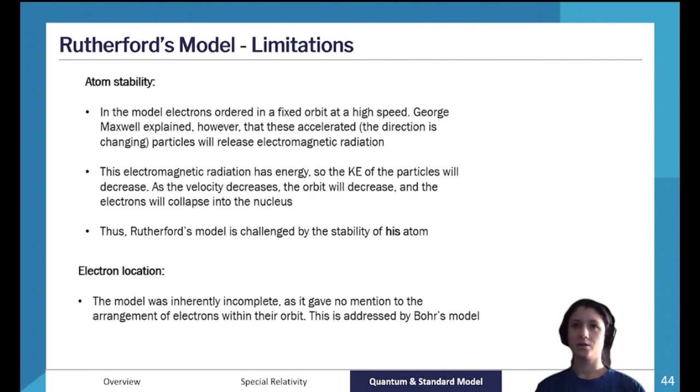The EMR that's being emitted as the electrons are moving around: he predicted that because the electrons have no set orbit, they will be emitting all different frequencies of light, a complete spectrum of light, all the different colors. And this isn't what we saw when experiments were done. We saw that actually only certain frequencies, only certain colors of light were emitted, and this didn't match up with Rutherford's model.